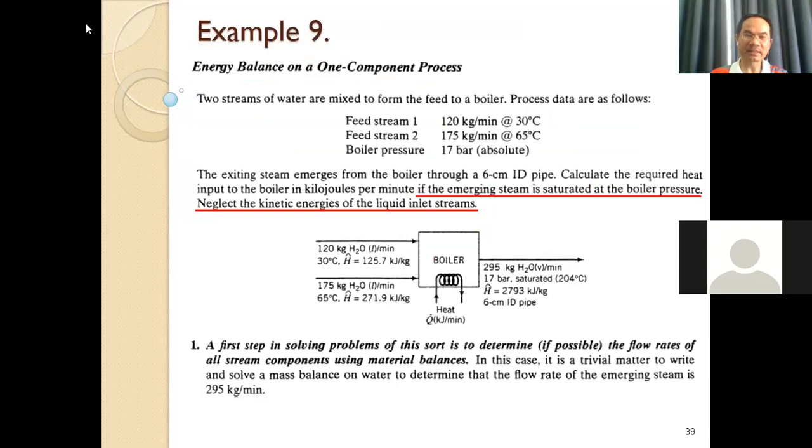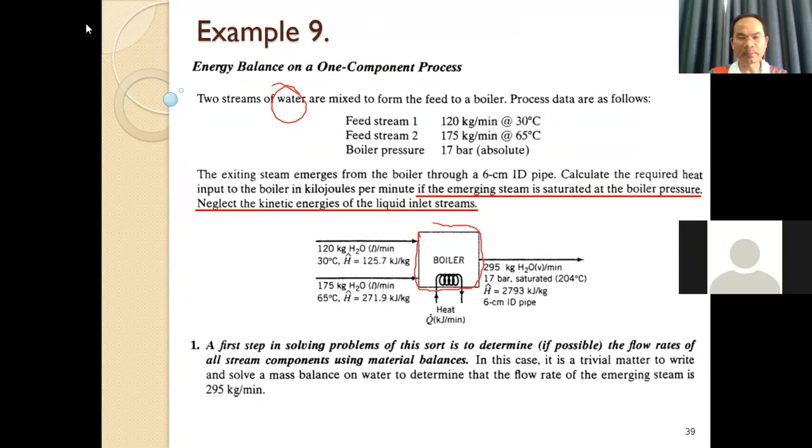Okay, look at the first example that we talked about for the energy balance. For this case, we have two streams of water mixed to form water before feeding to a boiler. The boiler is to heat up the temperature and also change the phase.